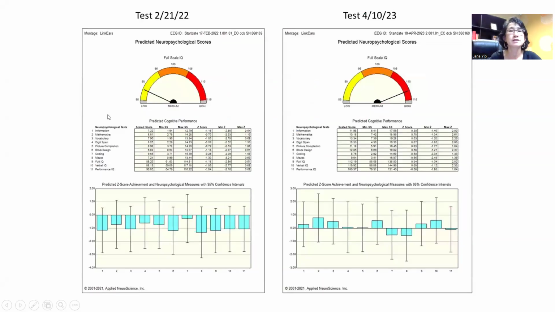And in fact, this is predicted IQ before intervention in our clinic. And you can see a 20 points IQ increase after intervention. Does it mean that the child just all of a sudden gets smarter in a year? Not necessarily.